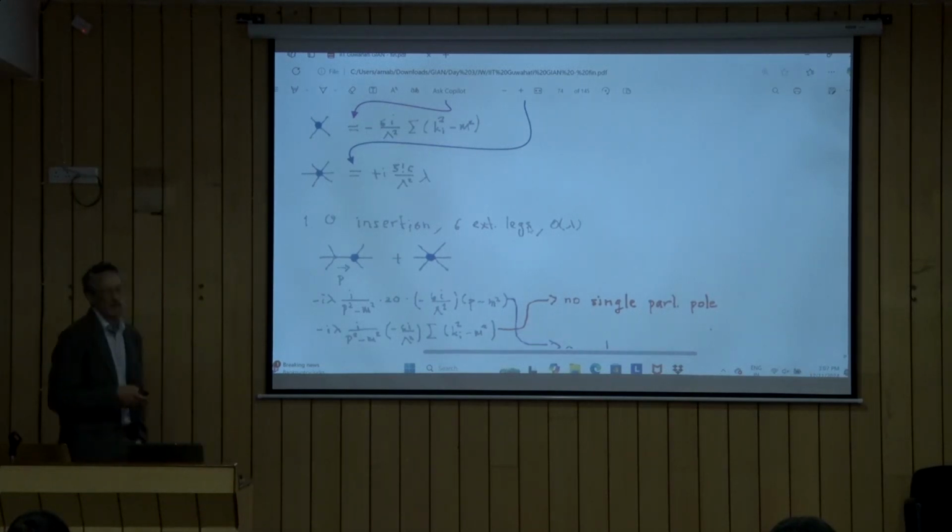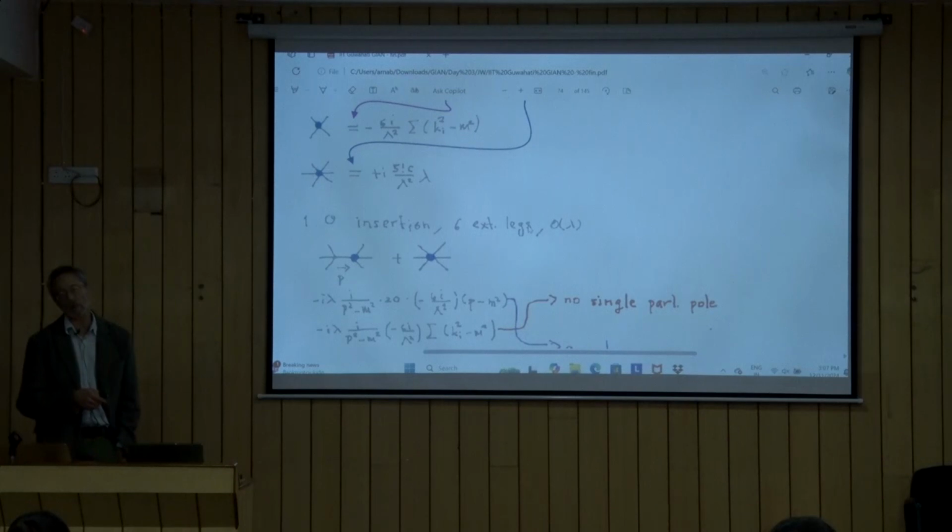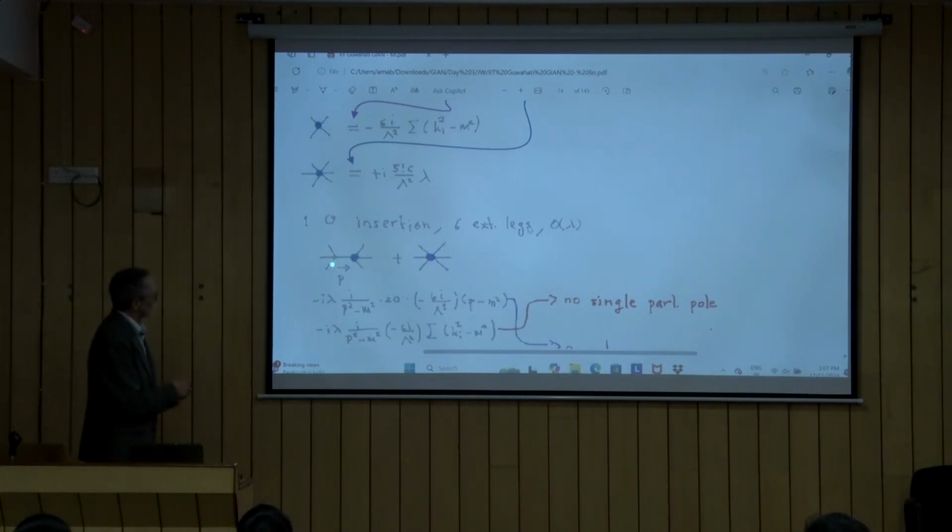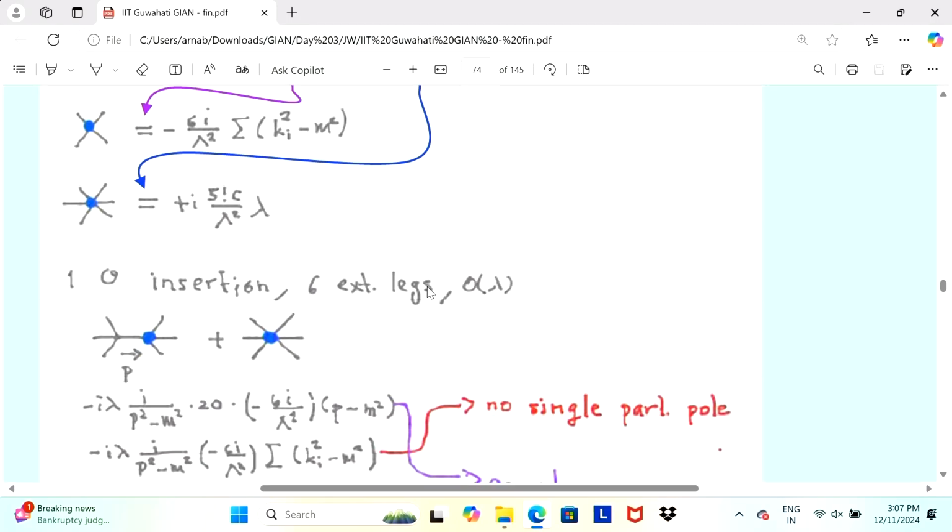Analyzing Feynman graphs is always very boring, but I think it's an exercise that might be worth looking at. This guy has 4 terms, where k squared minus m squared corresponds to each of the 4 legs here. When you look at this type of object, there will be one term of these 4 where the k squared minus m squared corresponds to this leg here, and I've labeled the momentum here p.